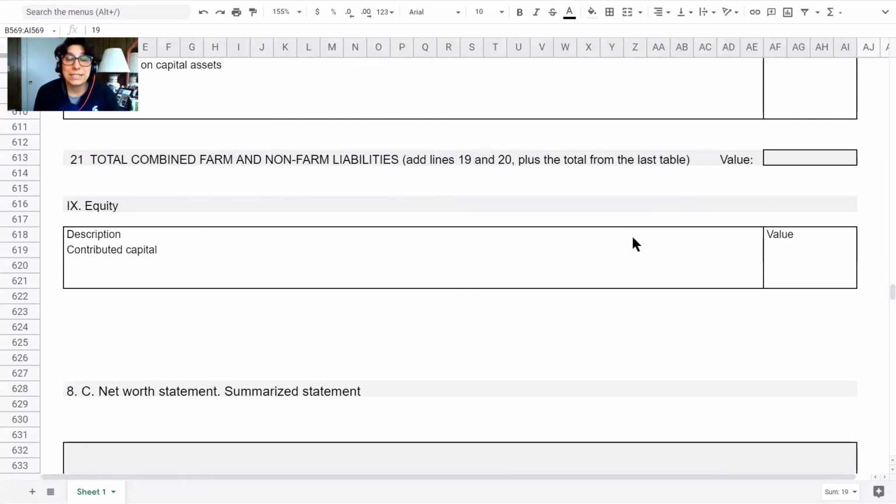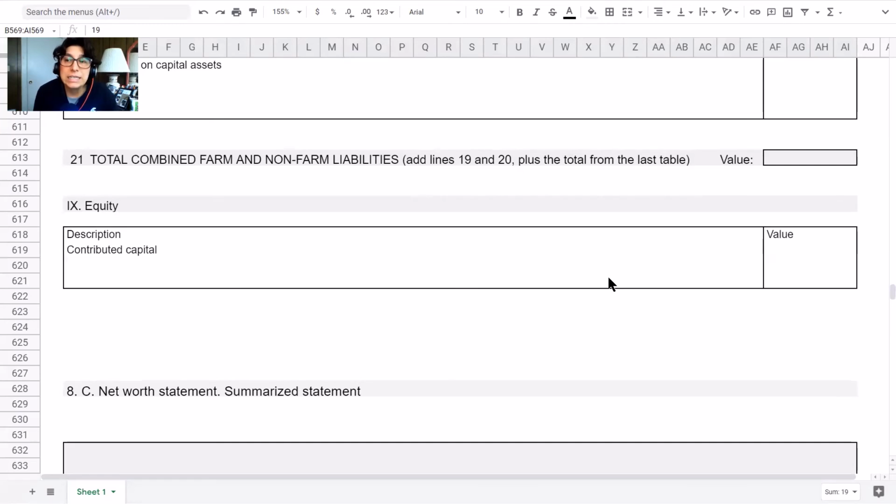All right, next section is equity. Equity is used to document capital contributed from or stock issued to sources outside the operation. Equity is most commonly used by entities such as corporations and LLCs. An example of contributed capital would be if a newly incorporated farm has 5 initial investors who each contributed $1,000.